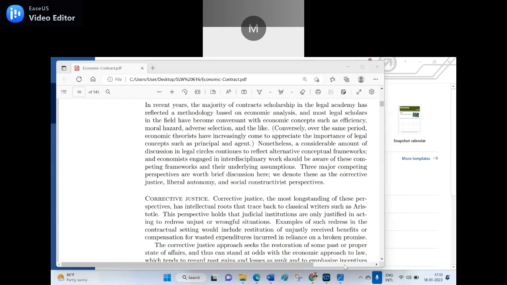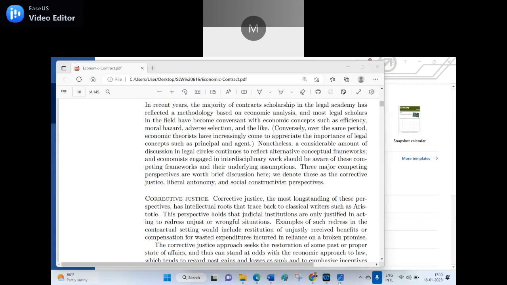Any economist or any person who makes a contract will take all the factors involved into account to see whether the contract should be fulfilled or not. So, for economic activity, they made three aspects clear: number one, liberal autonomy; number two, corrective justice; and number three, the social constructive perspective. These are three aspects from which we can get to economic efficiency.